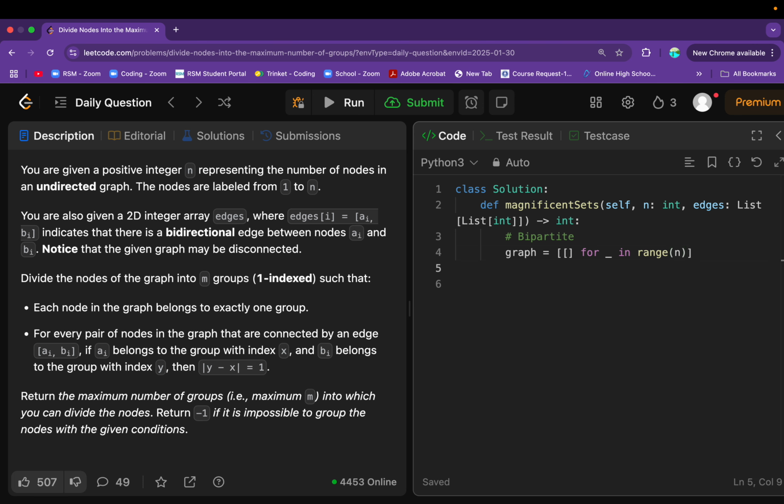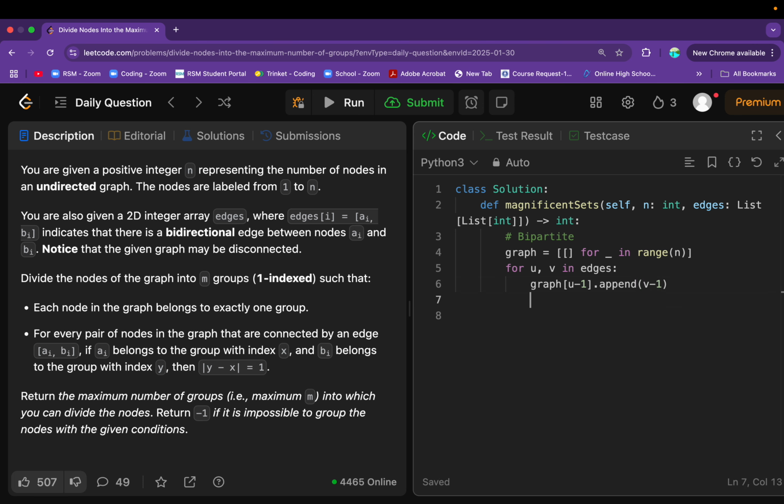In this case, we're given a list of edges. So now let's build the graph with every single node's corresponding neighbors. The way I can do that is, for every node u and node v as our iterators, unpacking in Python from the edges array, we'll set graph at u minus 1 and append v minus 1.